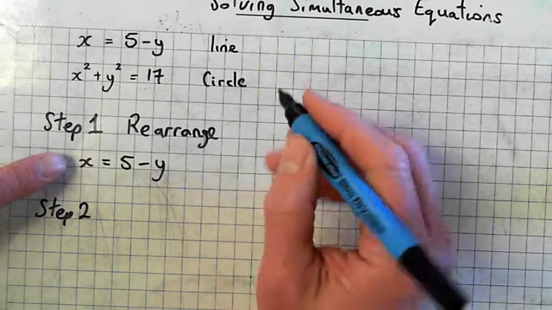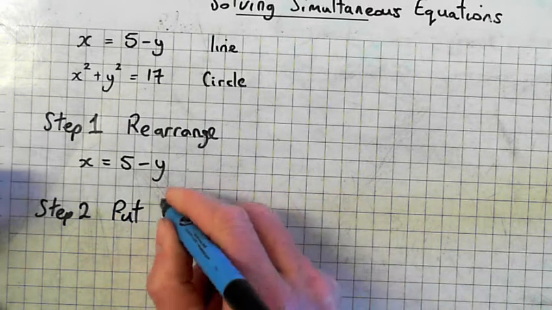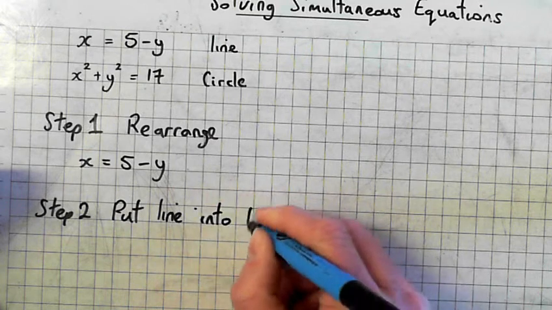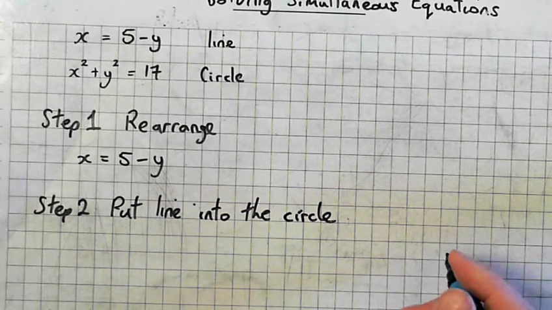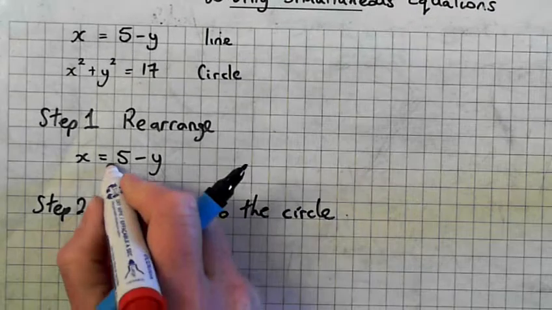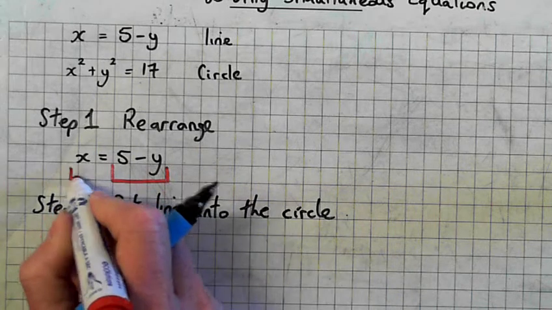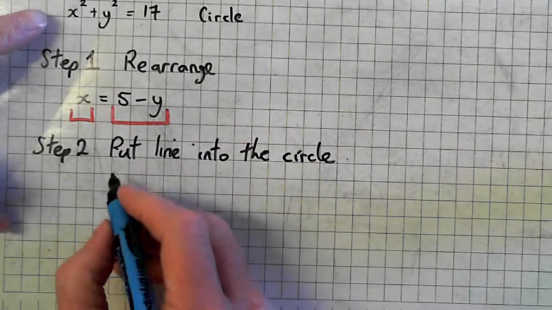Step 2 is we put the line into the circle. So here the line x is equal to 5 minus y. So what we do is we write down the circle equation.